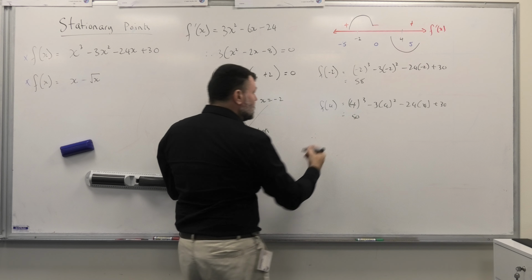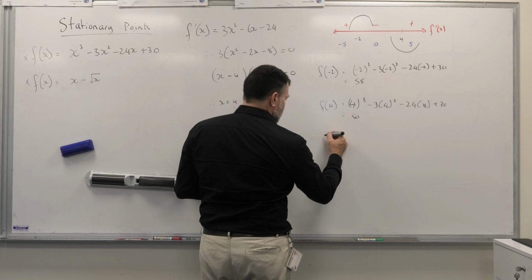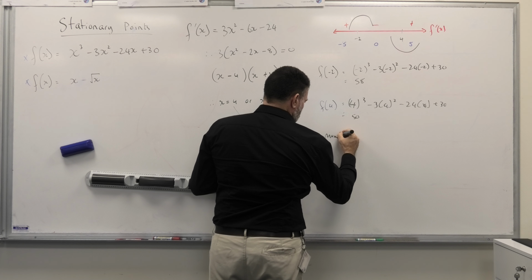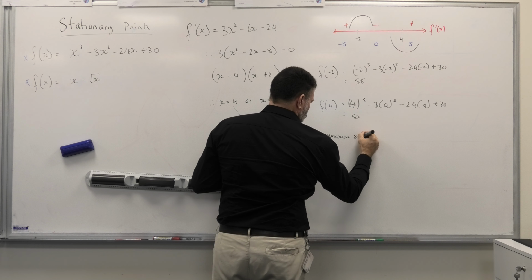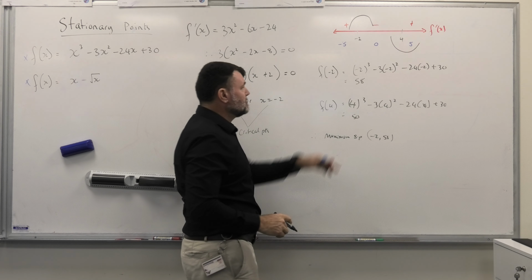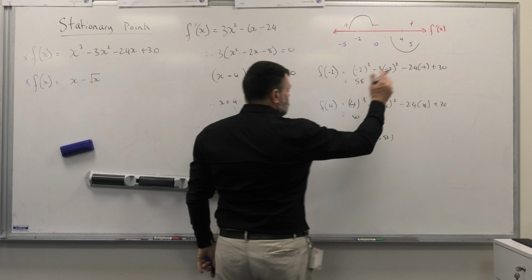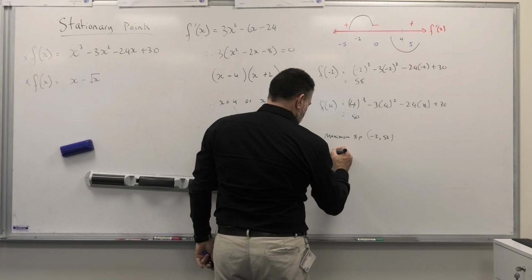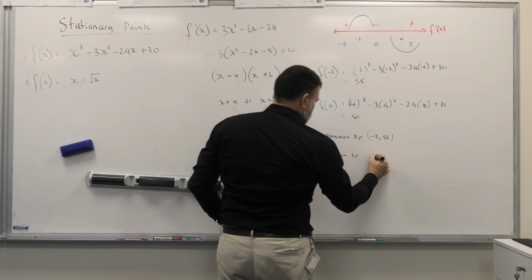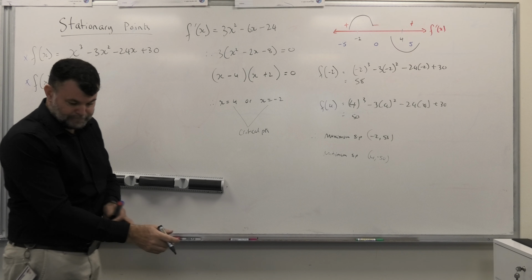So therefore, we can now classify what these stationary points are. We can say that we have a maximum stationary point at negative 2, 58, which makes sense because it's above the y value at x equals 0, and we also have a minimum stationary point at 4, negative 50.